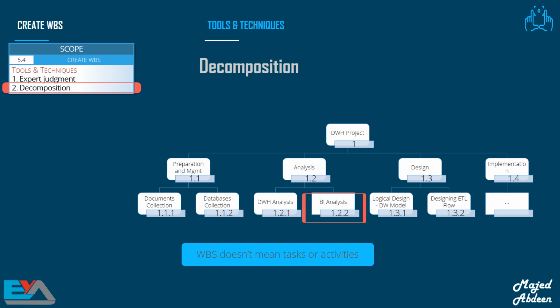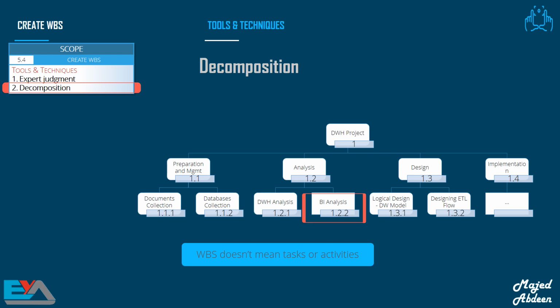Before we talk about the decomposition, I would like to mention that the WBS shows the project work and the deliverables. It doesn't show the tasks or the activities which you and your team have to do to achieve the project. Let's take an example from this WBS for instance. Under the analysis phase, you can see that I divided the analysis into two parts, because they are the last components in the chart or the lowest level in the chart. We call them work packages.